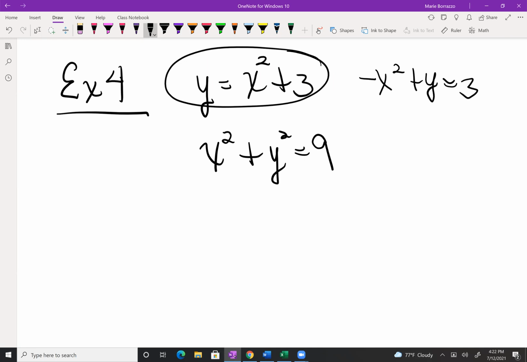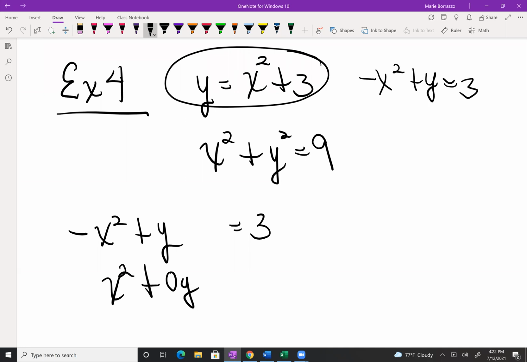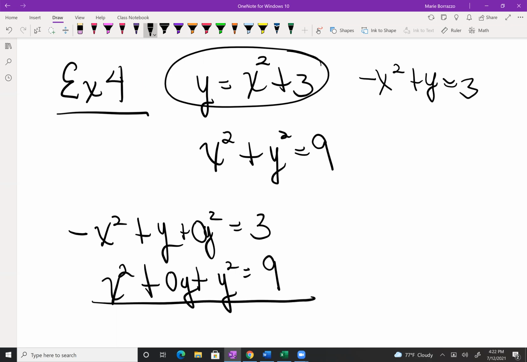If I group these, I would have negative x squared plus y equal to 3. Over here, I would have x squared plus 0y, because there's no y. Here, this would be 0y squared. Down here, this will be plus 1y squared is equal to 9. And so we're grouping those together.